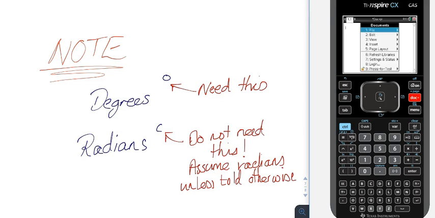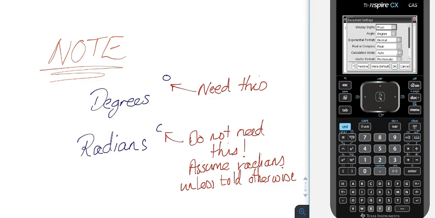Okay, on our calculator, in order to be able to convert between the two, note in the top corner we have degrees. It says DEG, degrees. So currently this calculator is set to degrees. We can change that by going through Document, and then Settings and Status, and then Document Settings. Note the second one in Document Settings is Angle.